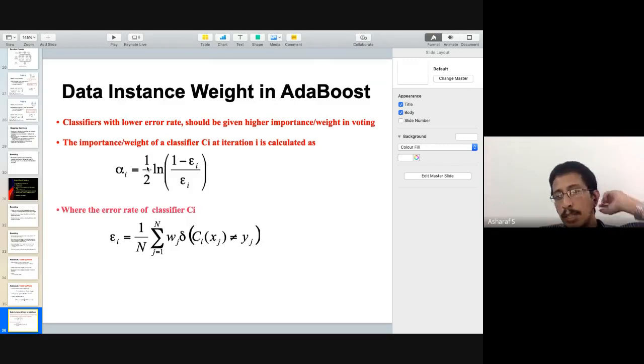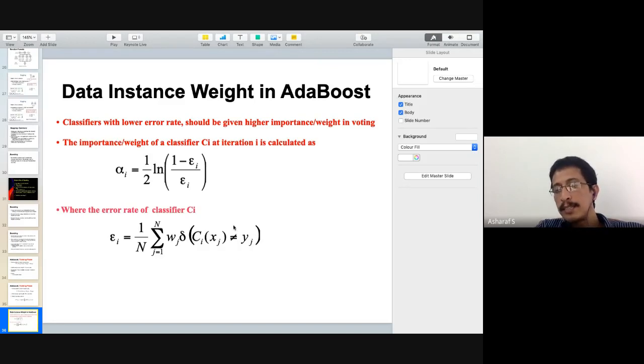So C1, C2, C3, they'll have an error rate. Basically, epsilon is the error rate of the classifier Ci, which is 1 by n, if there are n points, summed over all, where Wj is the weight belonging to the point. I told you, every point is given equal weight essentially. So the weight of the point j times its prediction, right? yj is the actual thing.